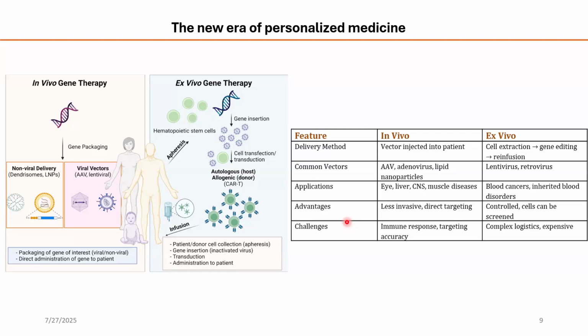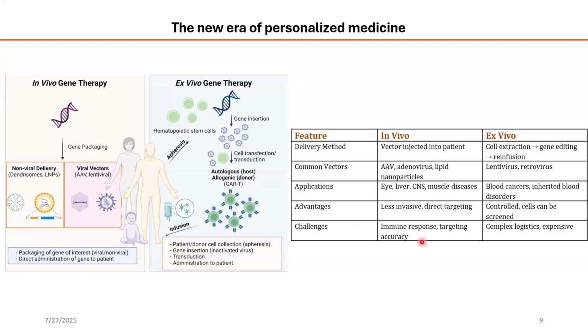What is the advantage? In vivo is less invasive, which means that you don't need any surgical method. You just do an injection, and it is fast healing and direct targeting. In the case of ex vivo, it is very much controlled, where you can control it in the laboratory and the cells can be screened. What is the challenge in the case of in vivo?